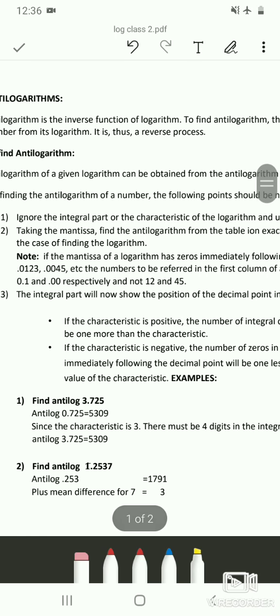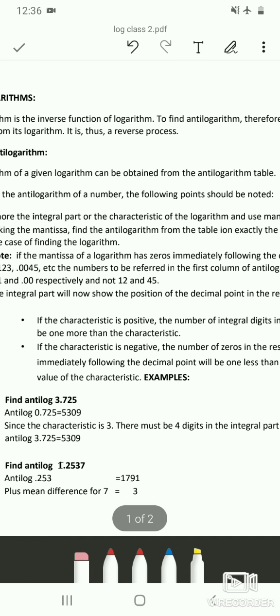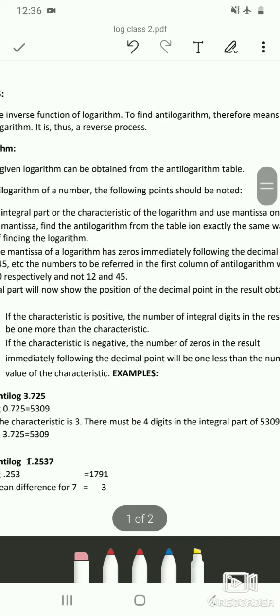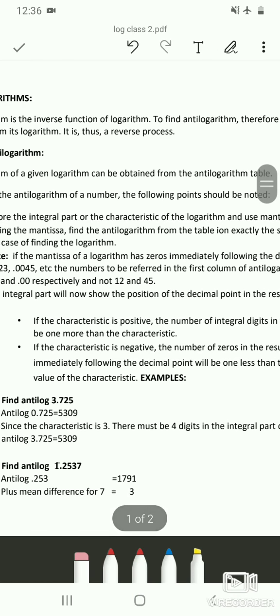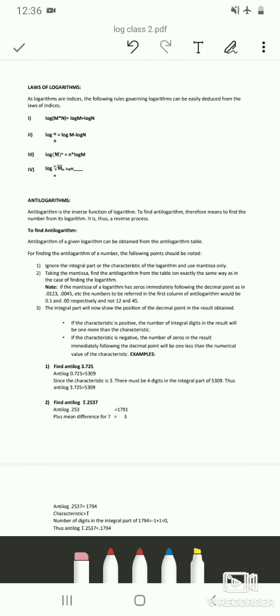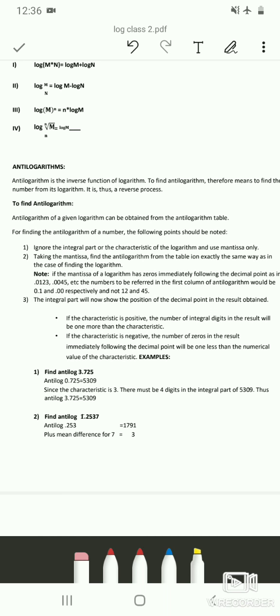The next step is that the integral part will show the position of the decimal point in the result obtained. In the first two steps we were working only with the mantissa. In the third step the characteristic will show the position of the decimal point in the result. If the characteristic is positive, the number of integral digits in the result will be one more than the characteristic. We'll solve examples, so you'll get to know it in a better way.